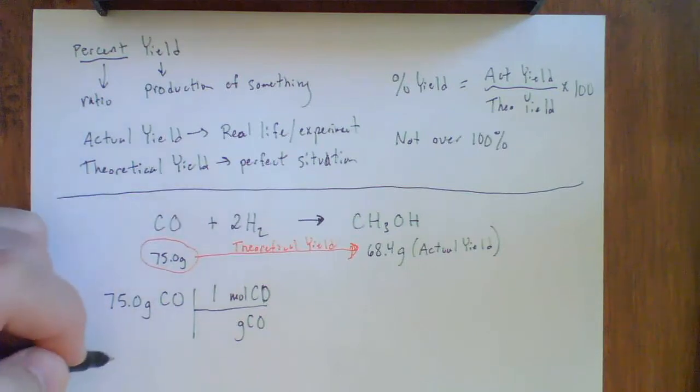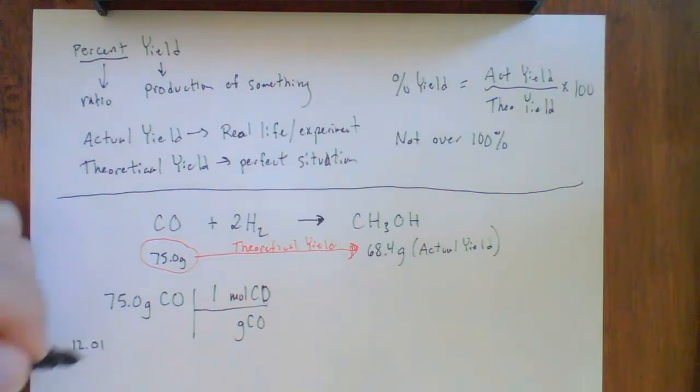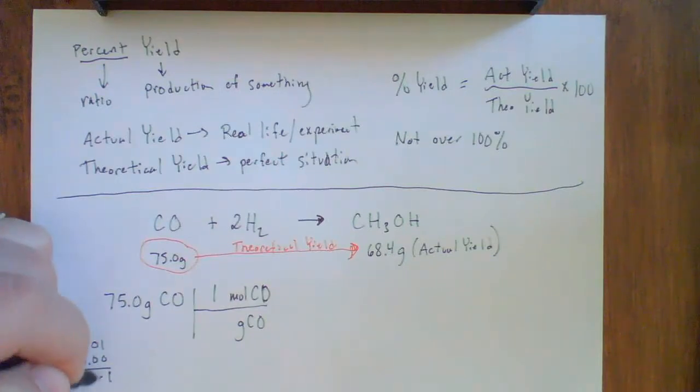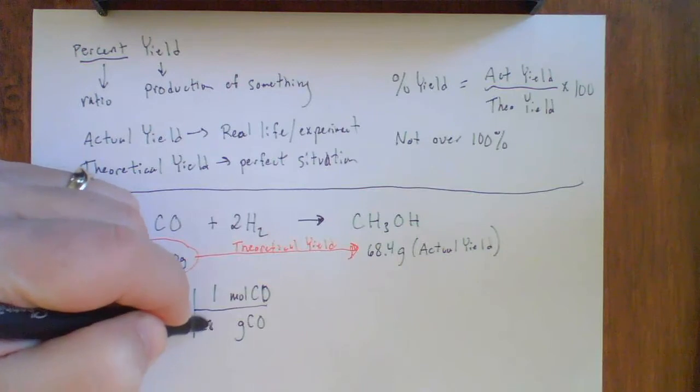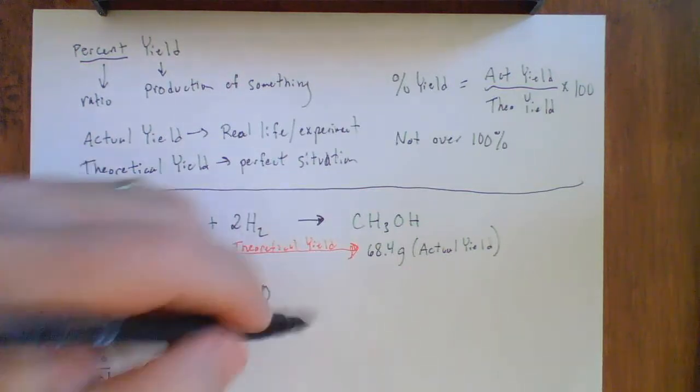Okay, so my carbon is 12.01, my oxygen is 16.00, so 28.01 would be the molar mass of the carbon monoxide.